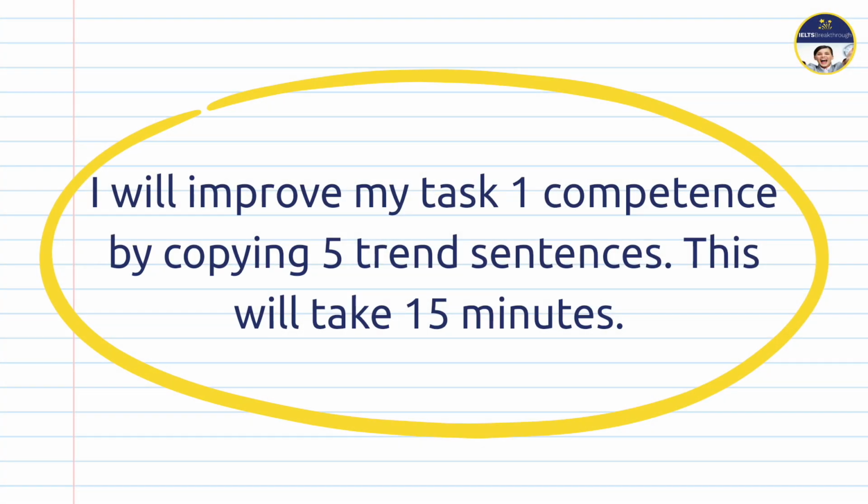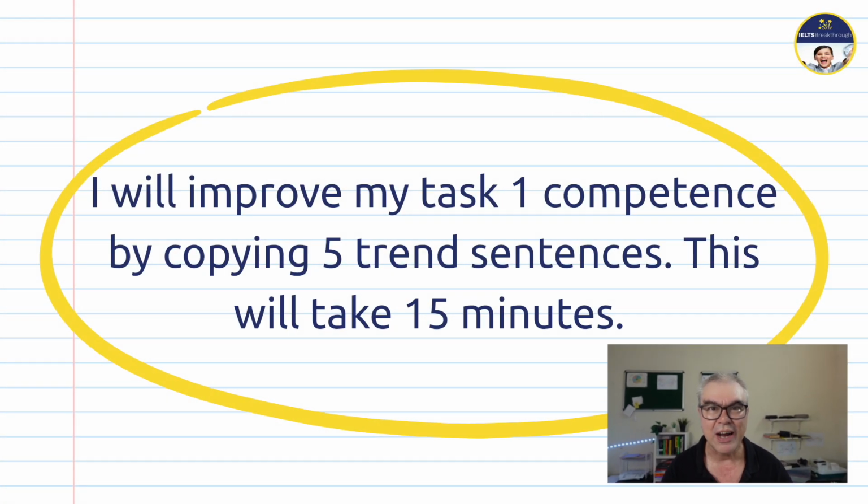Let's look at one more example. I will improve my task 1 writing competence by copying 5 trend sentences. This will take 15 minutes. So here the specific part is copying 5 trend sentences.